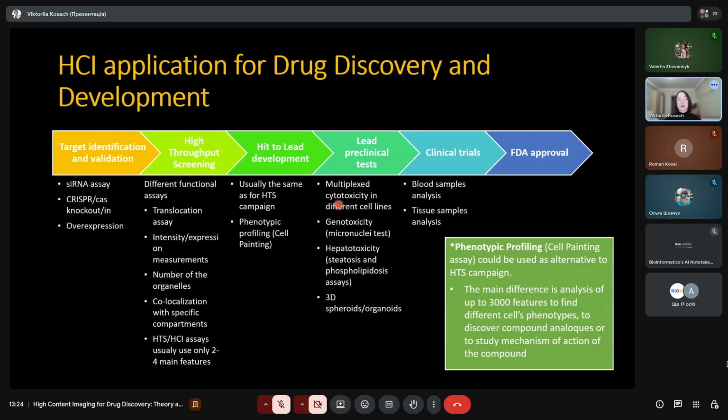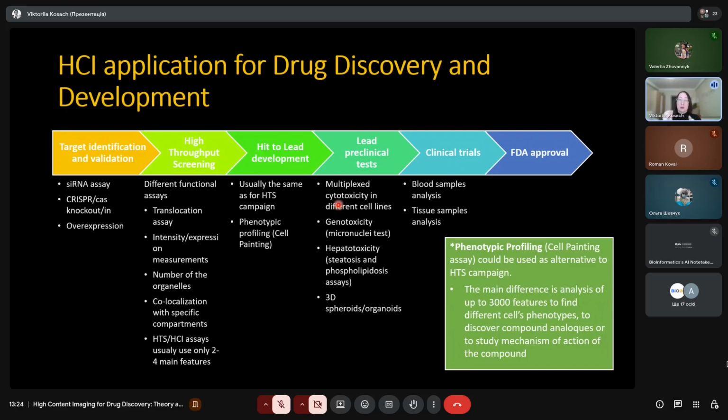So you could compare the cytotoxicity of your prospective lead compound in your disease model, for example, cancer cell lines, and in normal cell lines, for example, in human dermal fibroblasts. If you see that some compounds give you the same amount of cytotoxicity in both disease model and normal cells, you will not use it because it's not specific to your disease model.